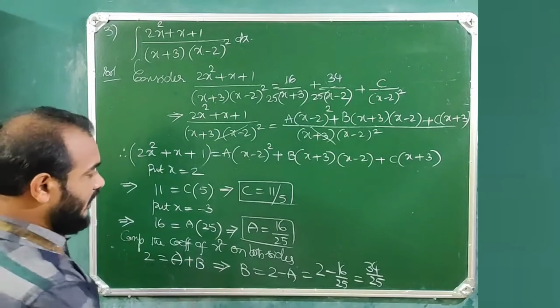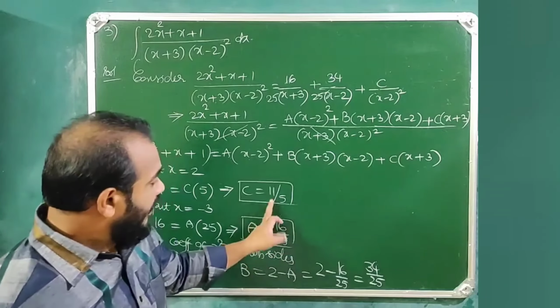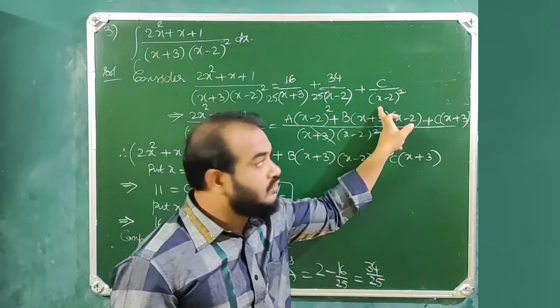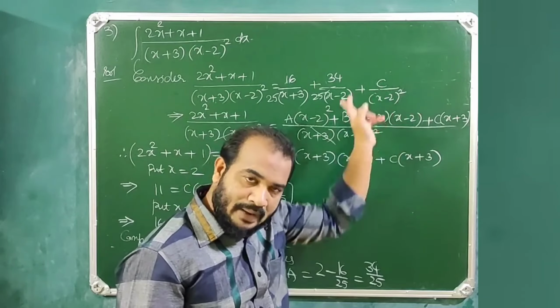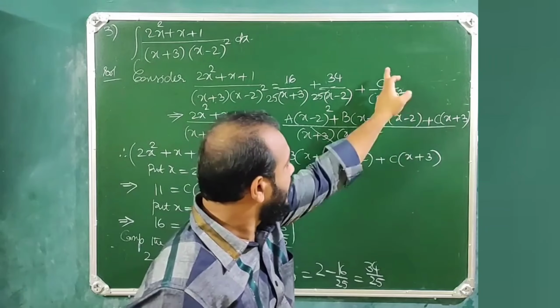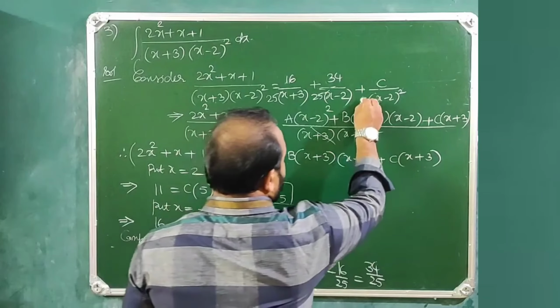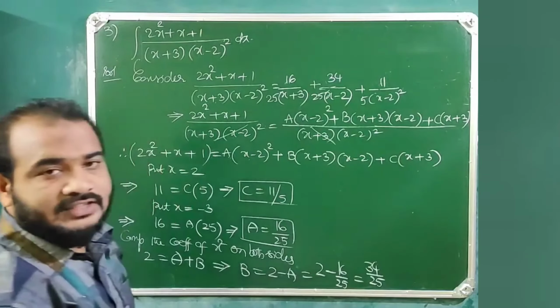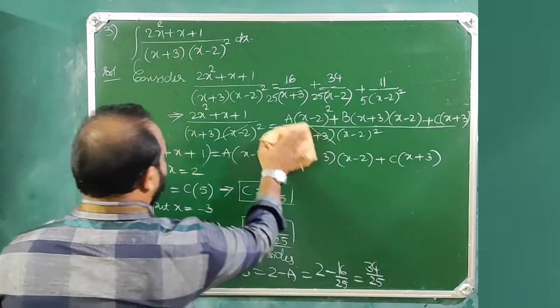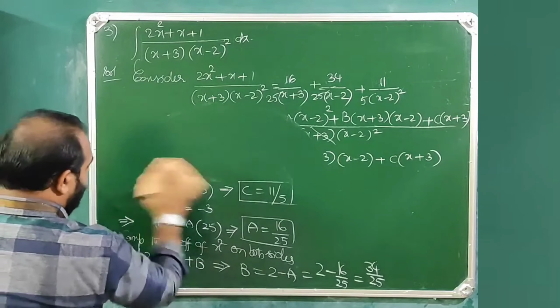And the value of C is 11 by 5 by x minus 2 whole square. So this is 11 by 5 into x minus 2 whole square. So this I am rubbing.